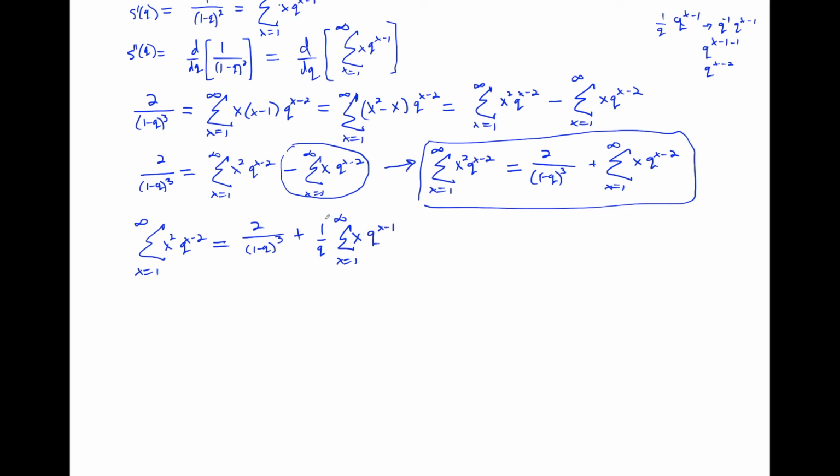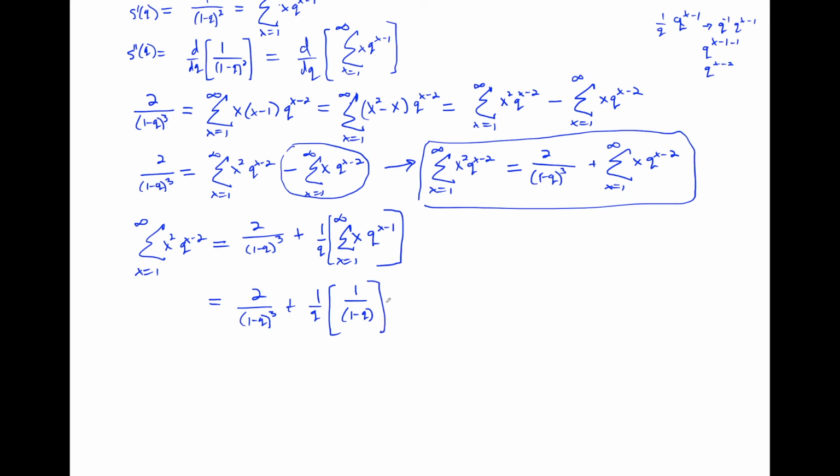So we do that substitution, and we're going to take this term and substitute in what we know from that first derivative of the closed form expression for the geometric sequence. So if we do that, we have 2 over 1 minus q to the 3 power plus 1 upon q times, and we just make that substitution, 1 over 1 minus q.